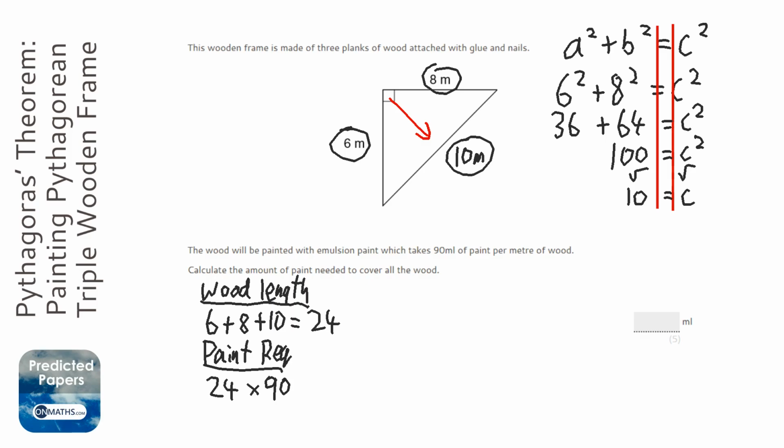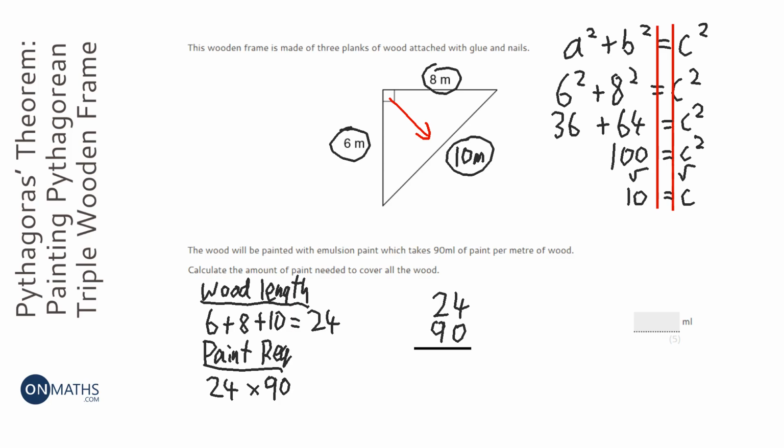So we can do this with the grid or column method. Doesn't really matter which one. I'll do the column, why not? So 0 for the first one, and then we're going to do 90 times 4, so we need to add a 0. 9 times 4 is 36. 9 times 2 is 18, plus the 3 is 21.